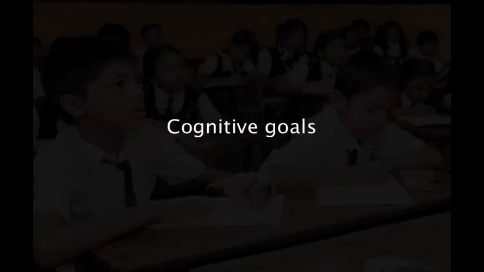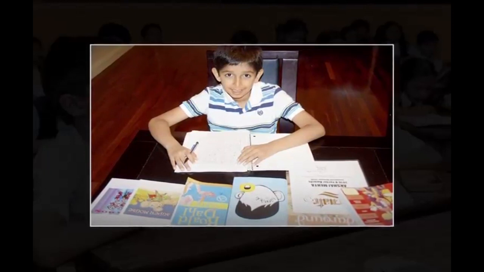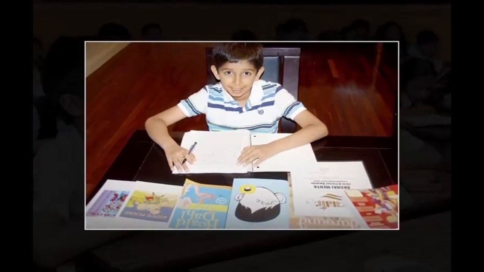Cognitive goals. The program of early childhood education should help the child to develop a positive attitude towards learning. The program should enable them to discover the world around them and on their own solve problems. The program should sharpen their sensory awareness by building upon their vision, hearing, touch, taste and smell.